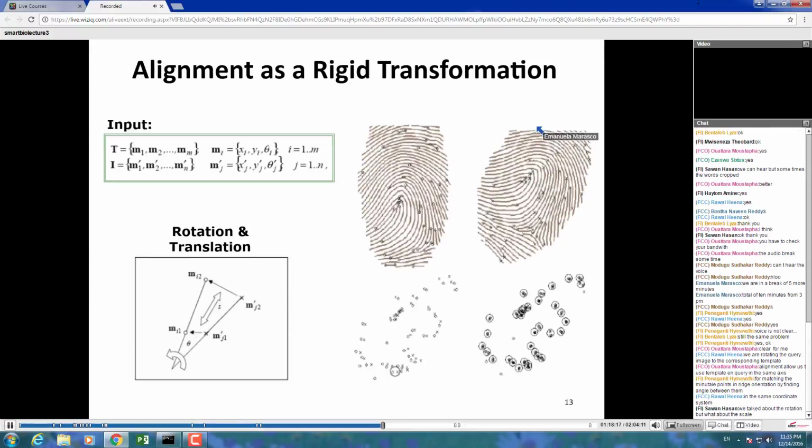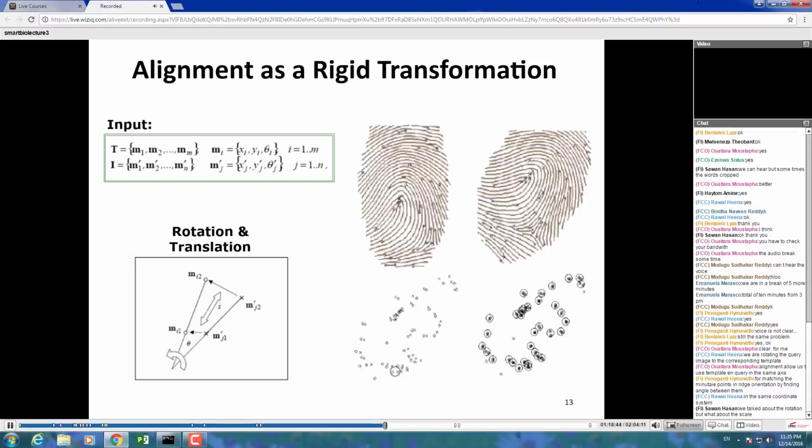So we have here a very nice figure aligning input ridge and template ridge. We have a coordinate axis, the template minutia here, and the input minutia here. We need to translate one of them by delta x and delta y.